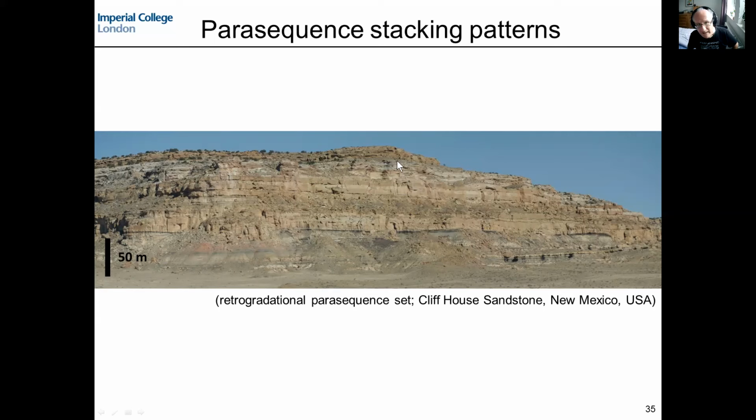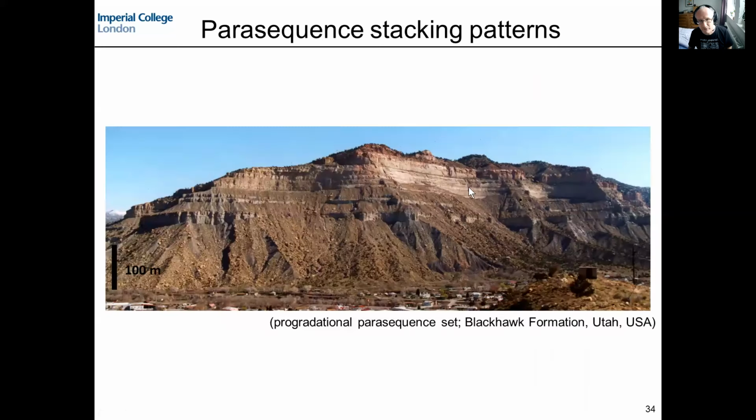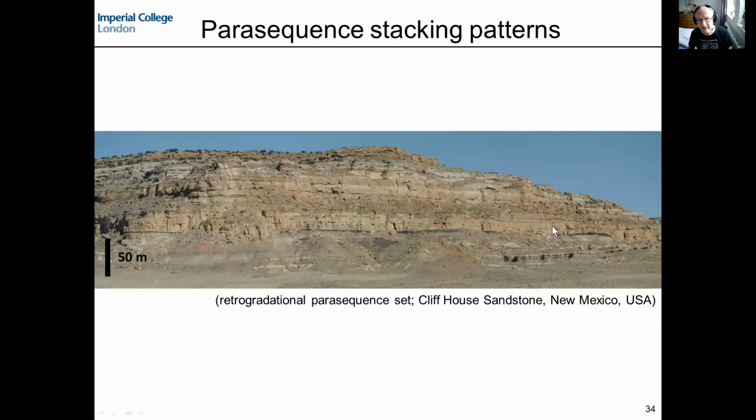And as you pass towards the top, you see those sandstones getting progressively thinner upwards. So this would be a case of retrogradation or overall transgressive stacking of parasequences. Again, just to go back, the top diagram corresponds to the first example, and this middle diagram corresponds to this second example.